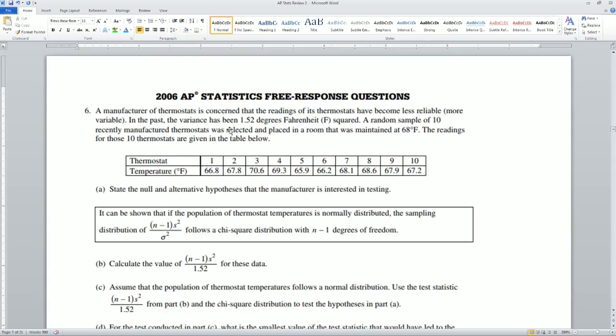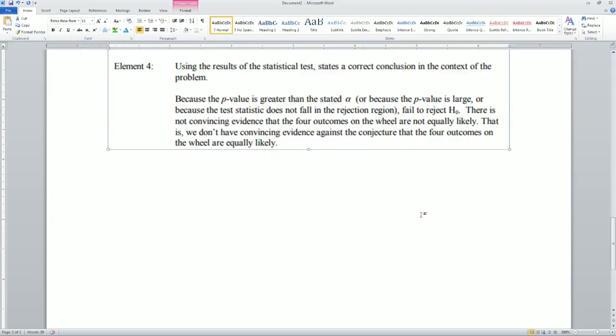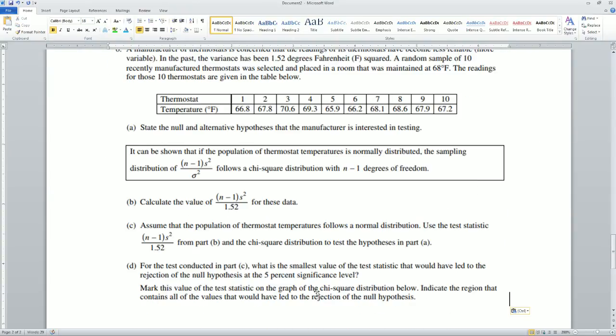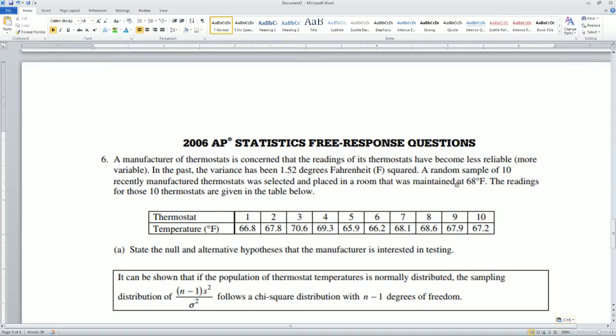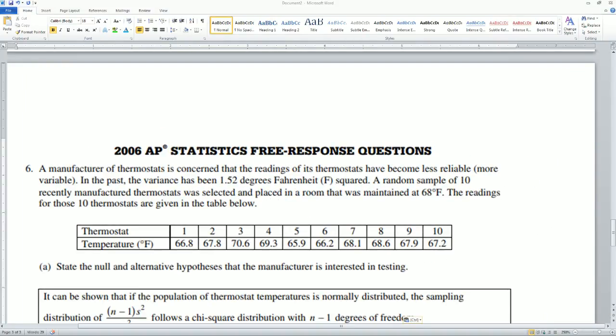Read this and tell me what you would use to solve it. Read me the scenario. I want to hear it.